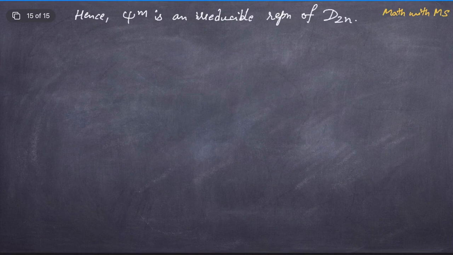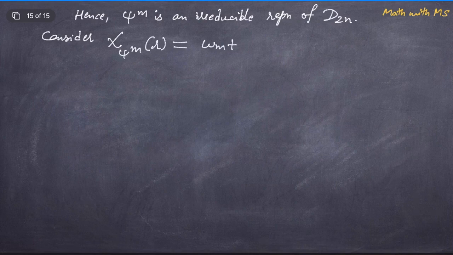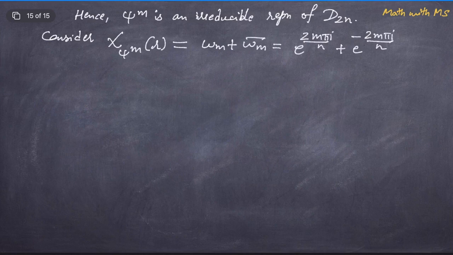Next, we show that all these psi m's are inequivalent. Consider chi of psi m evaluated at r. We know that this is just the same as omega m plus omega m bar, which is the same as writing the value of the complex exponential. We see that this is the same as 2 times cosine of m pi by k.